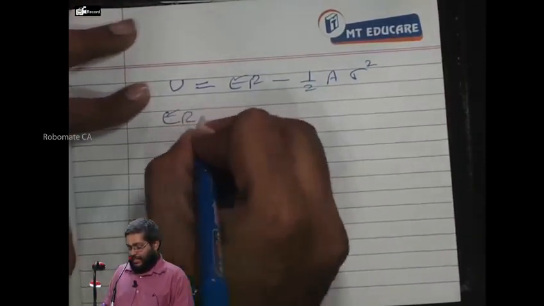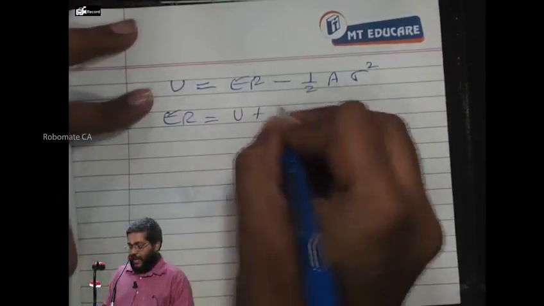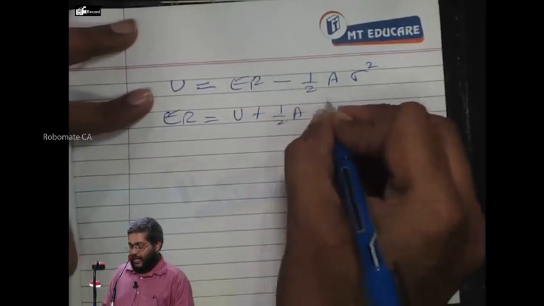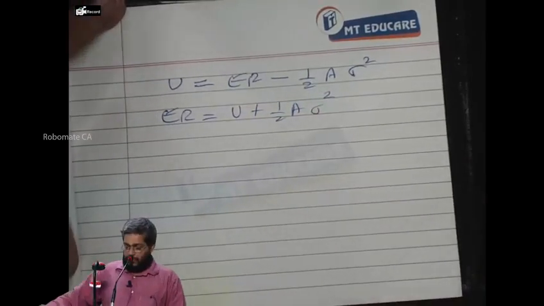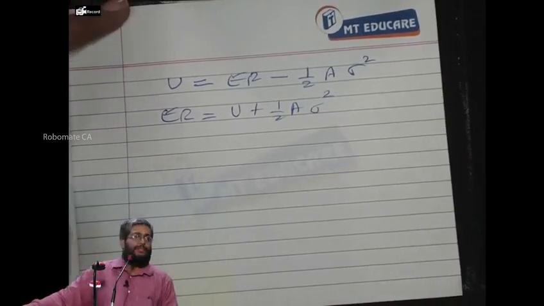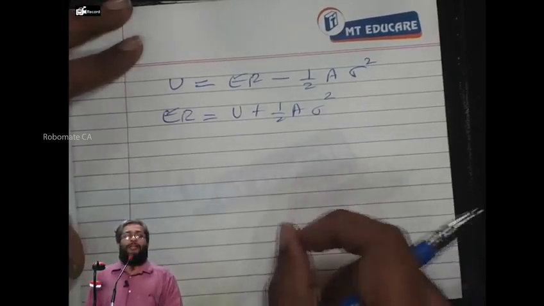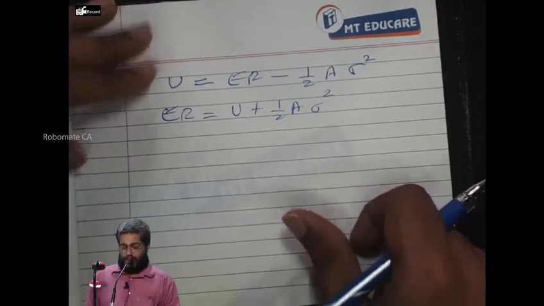Now, another formula. ER is equal to U plus half into A into sigma square. Can I proceed? Now, point number 8.